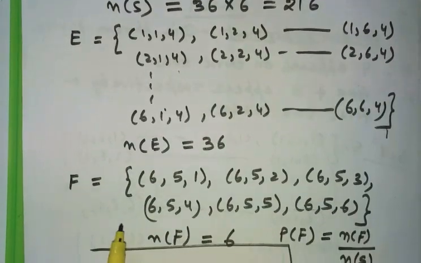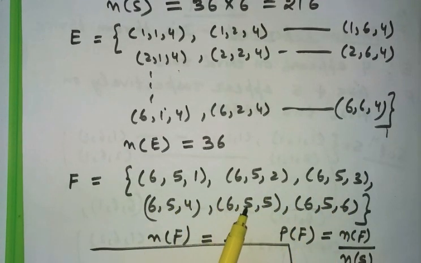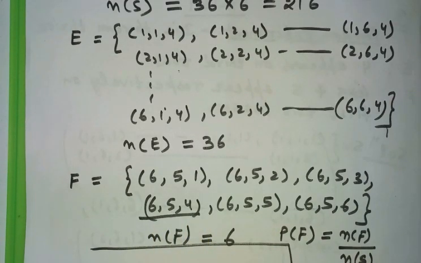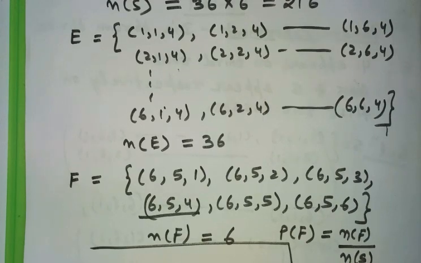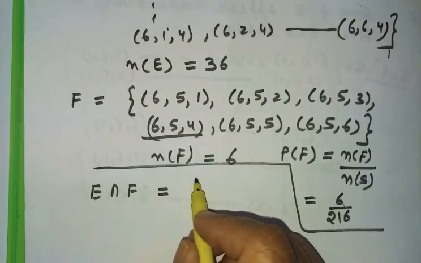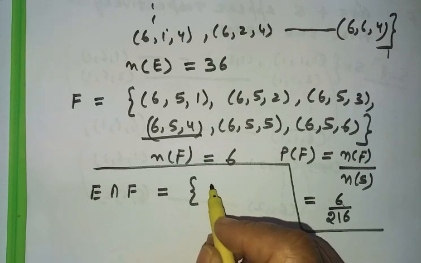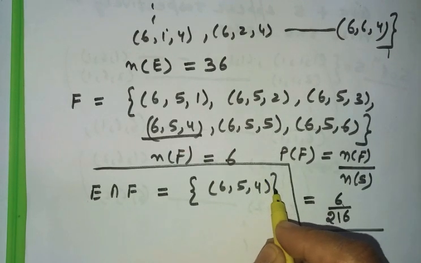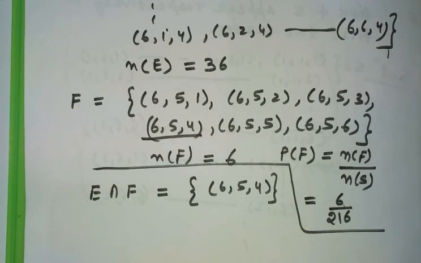So F contains these triplets, you can see. So what is common? I think this is the only common element in E and F because its last number is 4. So set E intersection F will contain only one element, 6 5 4. It contains only one triplet.